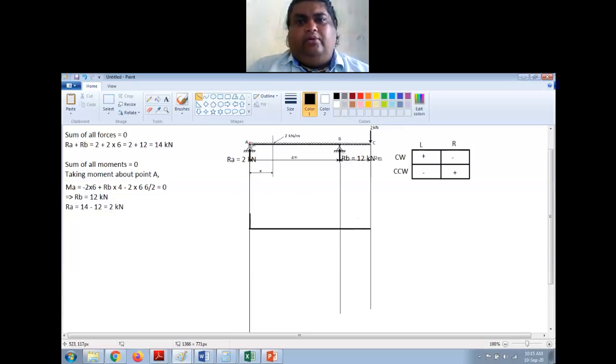Okay, now between A and B, I do not have any point load. There is only UDL. So the total force of the UDL between A and B is 2 kilonewton into 4 meter. So that will be 2 into 4, 8 kilonewton, right? So I'll open my calculator.